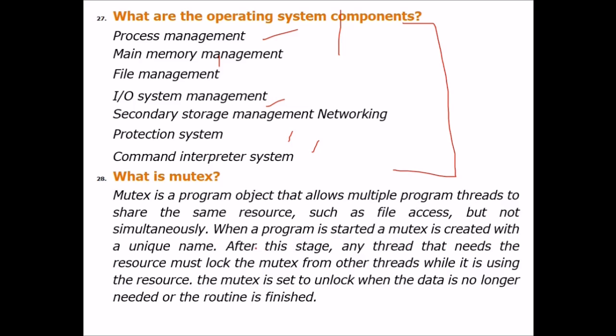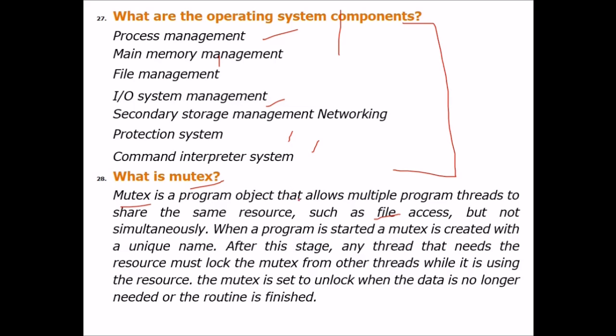What is mutex? Mutex, mutual exclusion. Mutex is a program object that allows multiple program threads to share the same resource, such as file access, but not simultaneously. That is because the name is mutual exclusion.